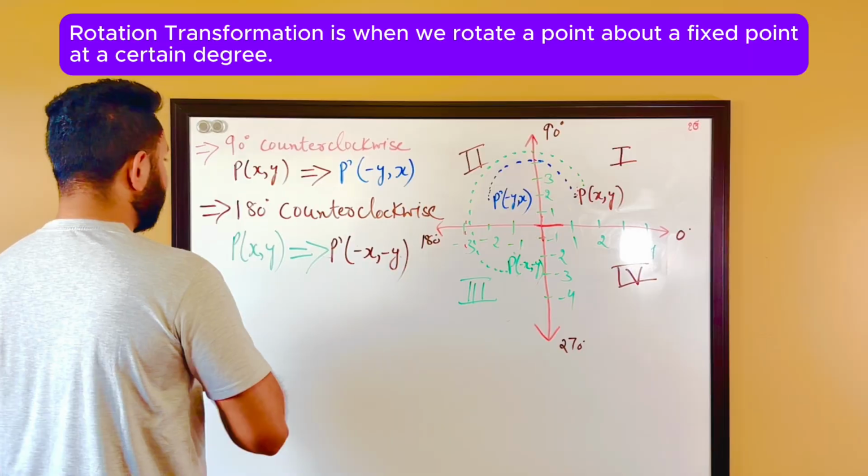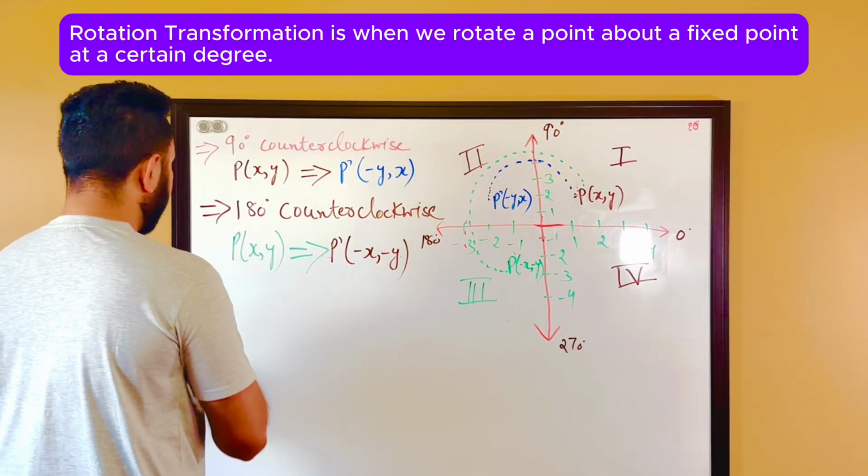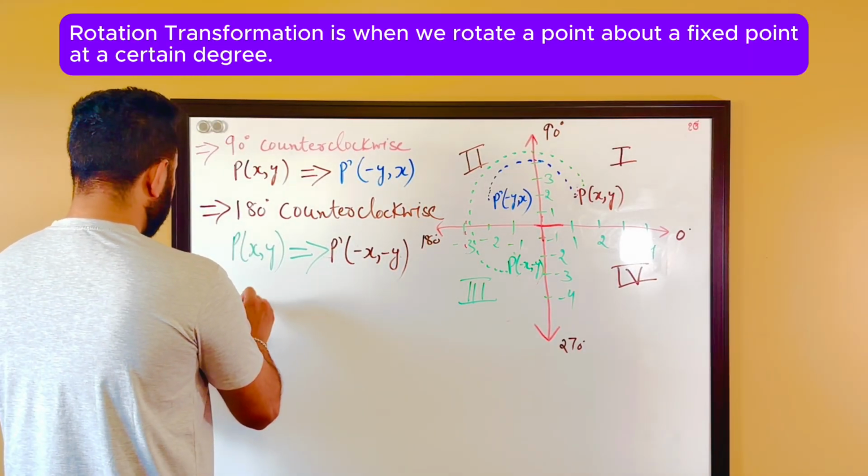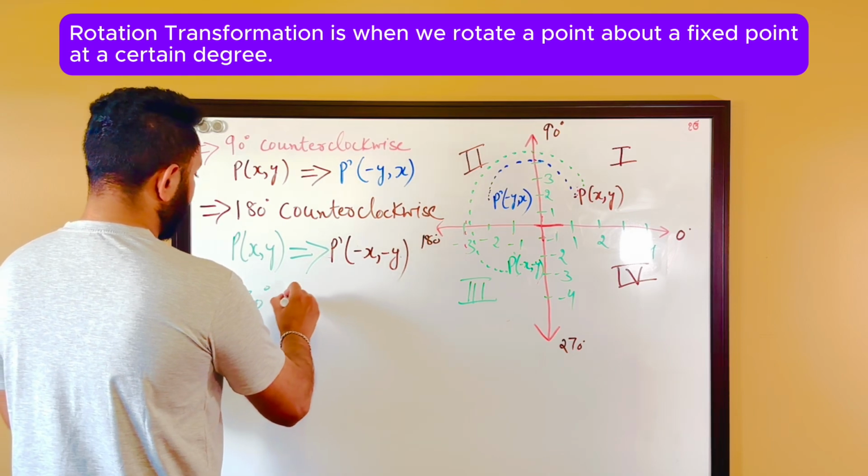So our third case is if we rotate a point 270-degree counterclockwise.